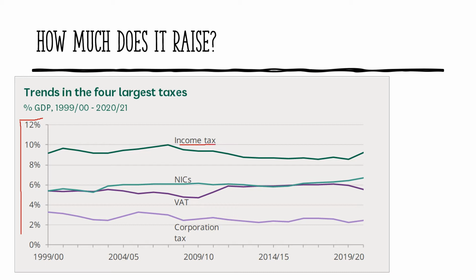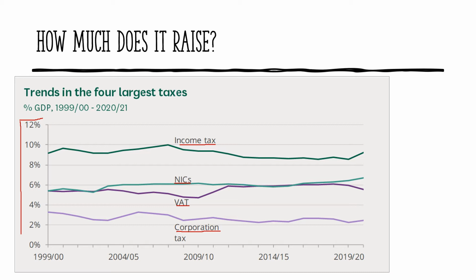So quite an important tax. You've got national insurance, which raises 6-7%. You've got VAT, which raises between 4 and 6%. And corporation tax, which is tax paid by businesses on their profits, which sits around 2 or 3% generally.